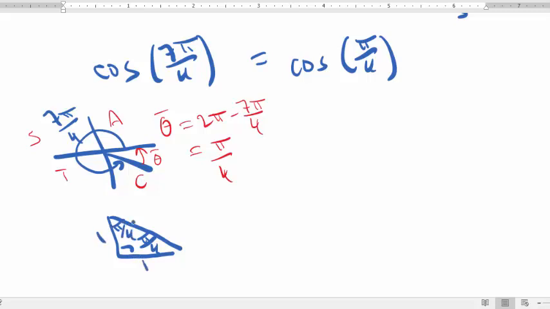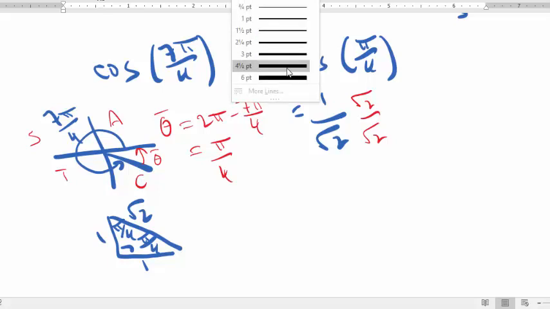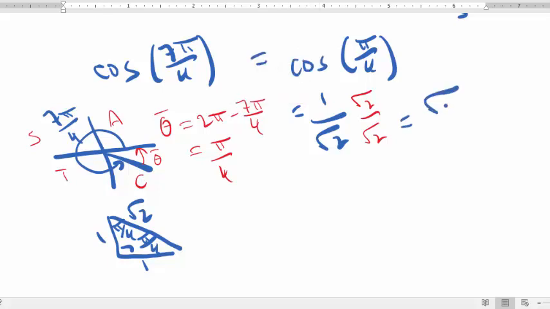You have 1, 1, square root of 2. The cosine of pi over 4, adjacent over hypotenuse, so it's 1 over the square root of 2. But again, rationalizing, we end up with square root of 2 over 2. So the cosine of 7 pi over 4 is actually the same as the cosine of pi over 4, which was square root of 2 over 2.